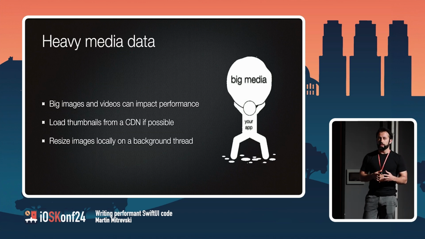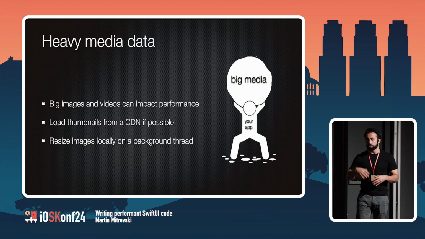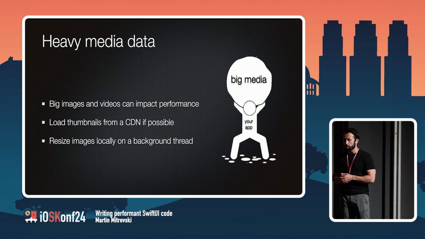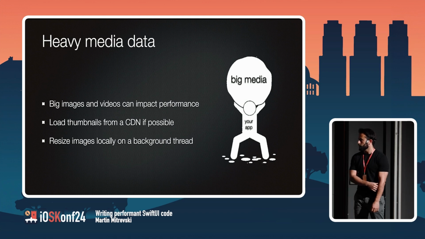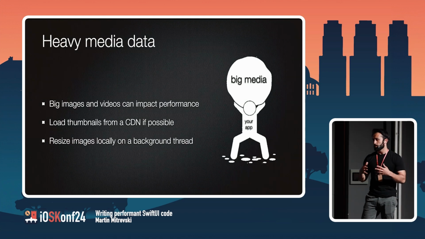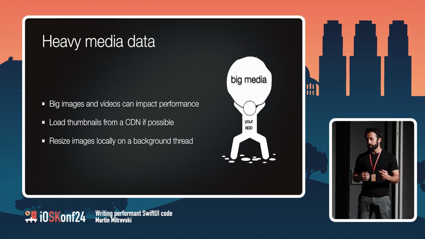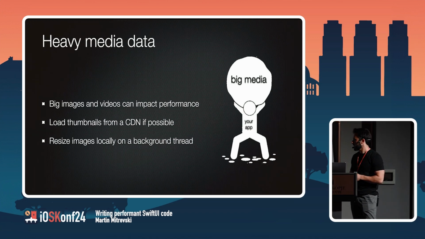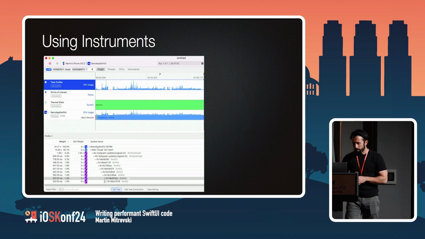So ideally in these cases you would have some support from your backend, from a CDN, and you just provide your view size and it would give you a smaller thumbnail. But if not, you can also do it locally. For example, you can resize images locally on a background thread, and when they are resized, just show them on the screen. That would also help performance.